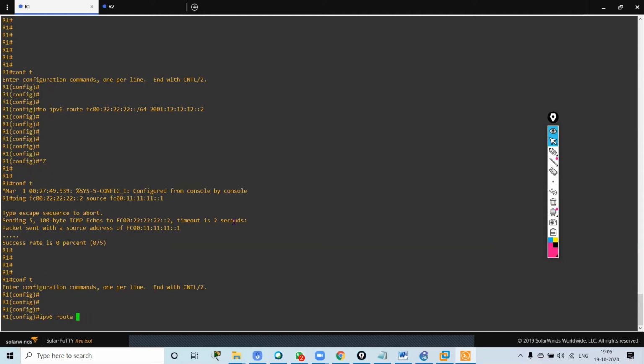What I can do, I can just write 0 colon, double colon and 0, meaning any network and any subnet mask. If anyone is coming from any network and any subnet mask, send it to the next hop address.